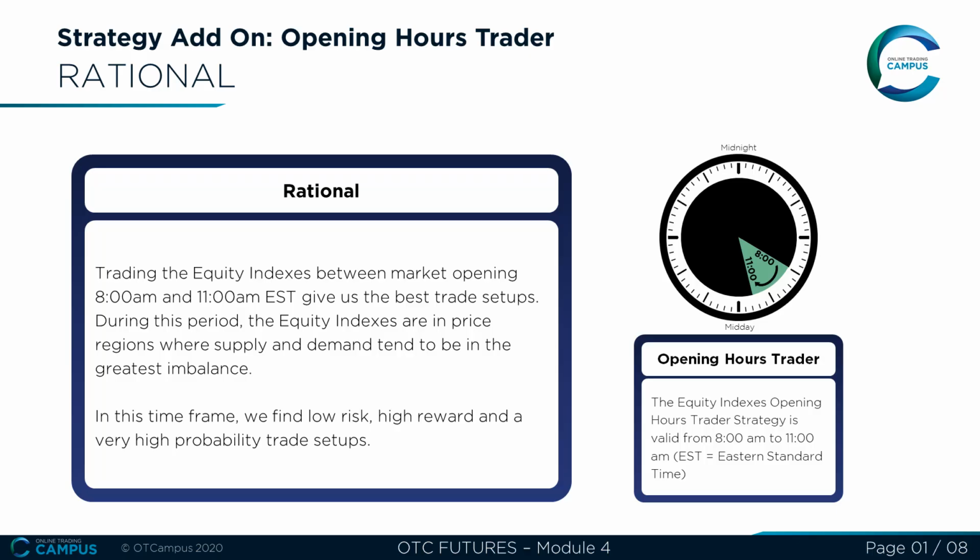Where do you find that? Well, one way that you find this is when the markets are most actively traded, not just volume-wise, but also most actively as far as the range of price movement from high to low. And that's going to be right in that 8 a.m. to 11 a.m. Standard Eastern Time window of opportunity.